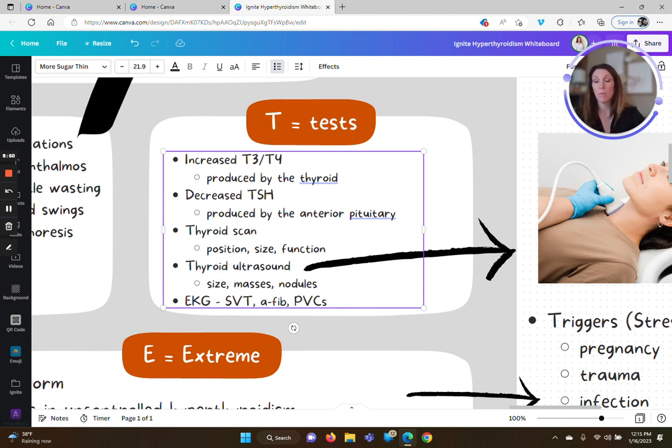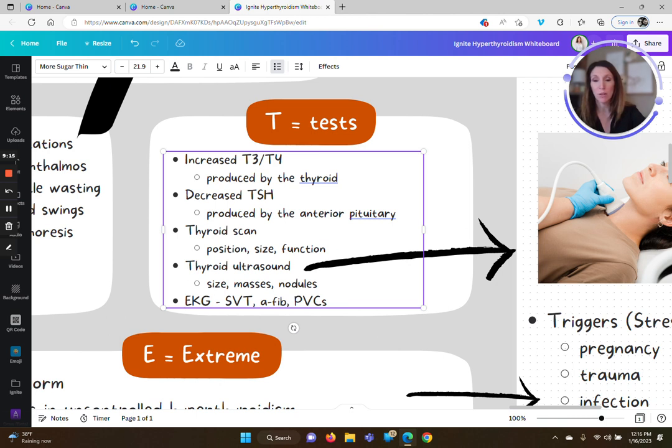And then the patient may require an EKG because they may have some abnormal cardiac rhythms based on just having this increased metabolism. You may not have learned about all of these yet, but these are just things to keep in mind. This patient may have what's called SVT, which is supraventricular tachycardia, which is when the bottom part of the heart really gets to racing.